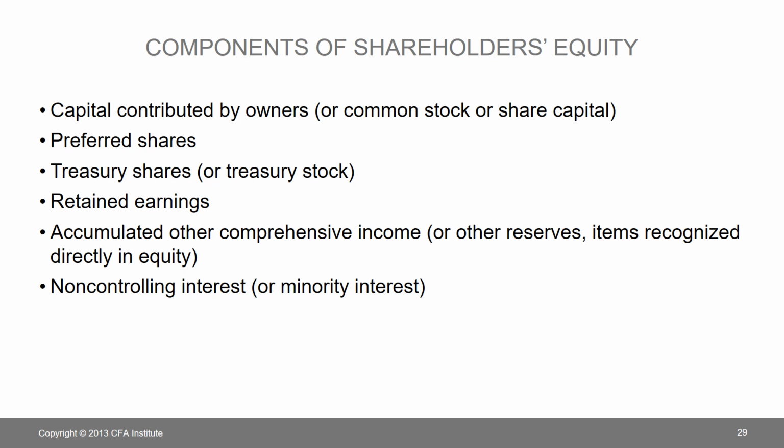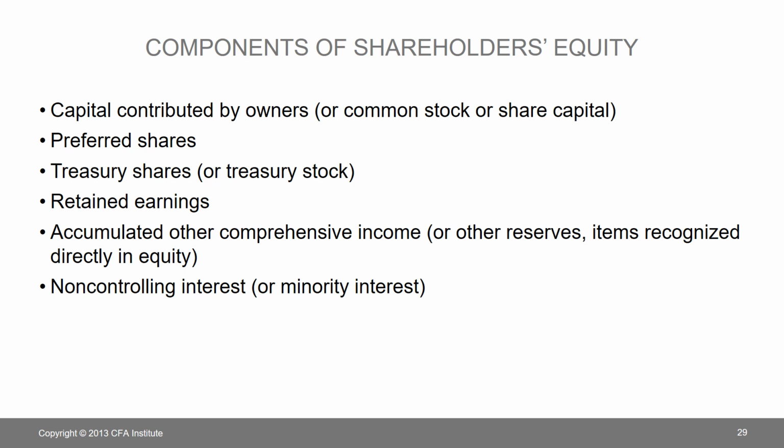Classified as equity or financial liabilities based upon their characteristics rather than legal form. So, perpetual non-redeemable preferred shares are classified as equity. Preferred shares with mandatory redemption at a fixed amount at a future date are classified as financial liabilities. So you need to pay attention to that detail.